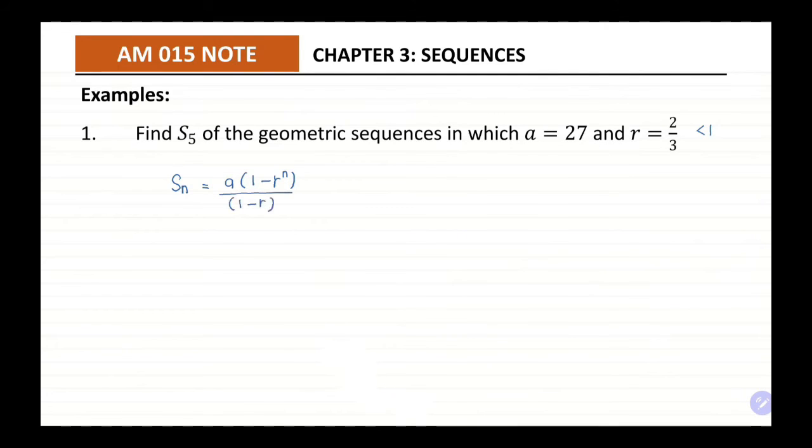Then we substitute a equals 27, r equals 2 over 3 and n equals 5, divided by 1 minus 2 over 3. Then we use a calculator and we get 211 over 3.